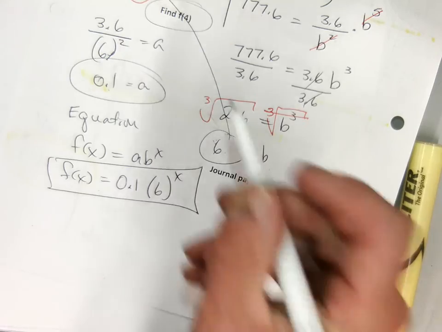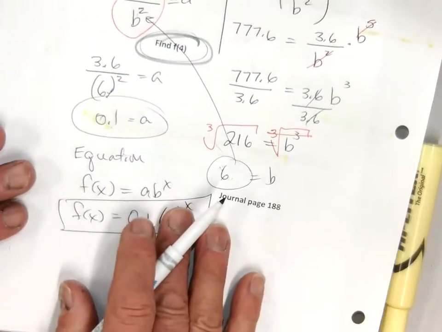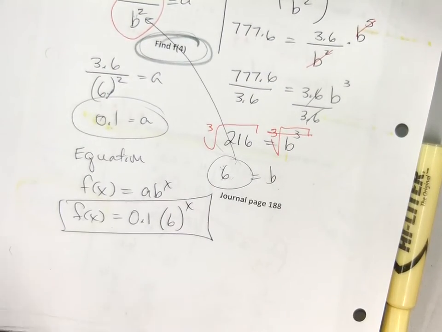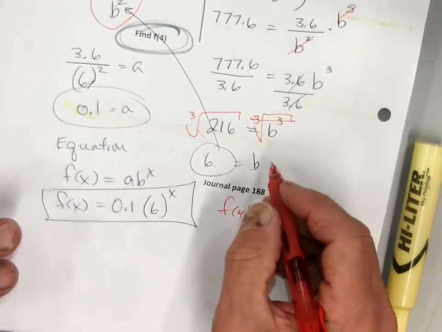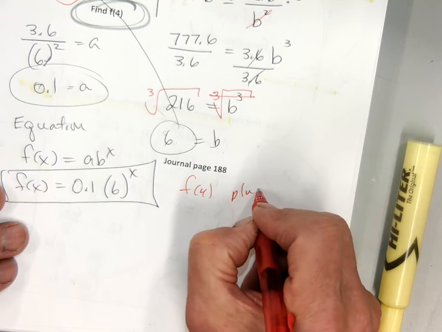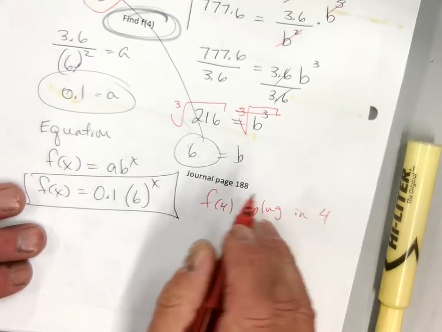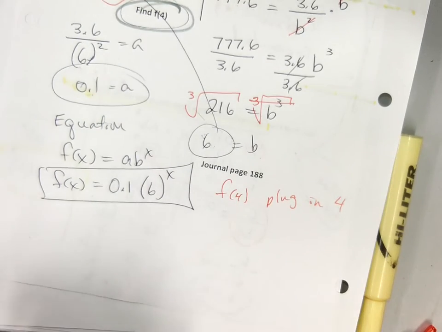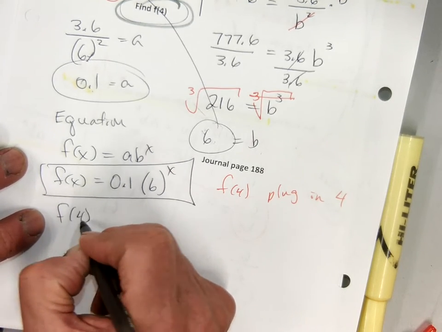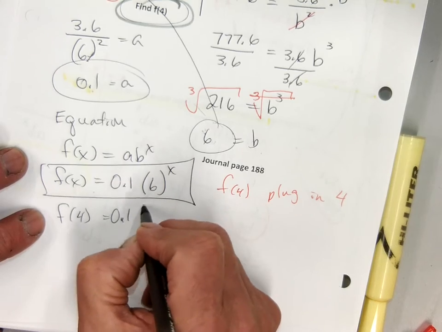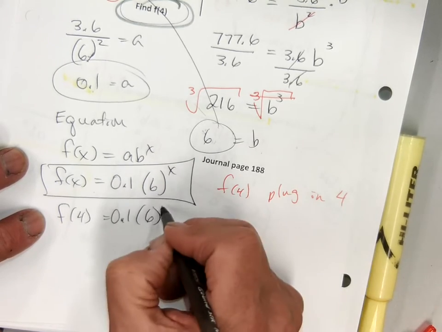There's one more question. It says find f of 4. So f of 4 means to plug in 4. All right, I can do that. f of 4 is equal to 0.1 times 6 to the 4th power.